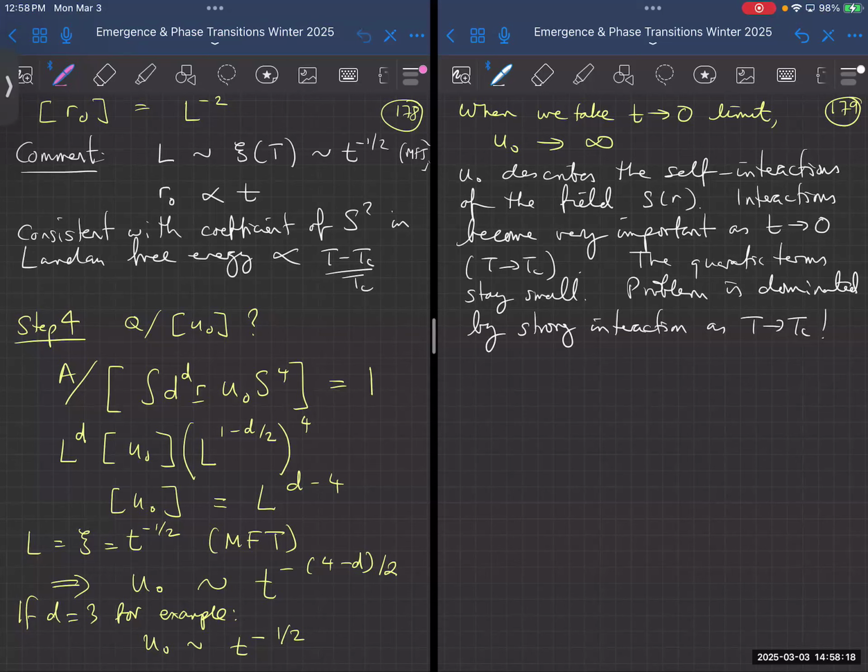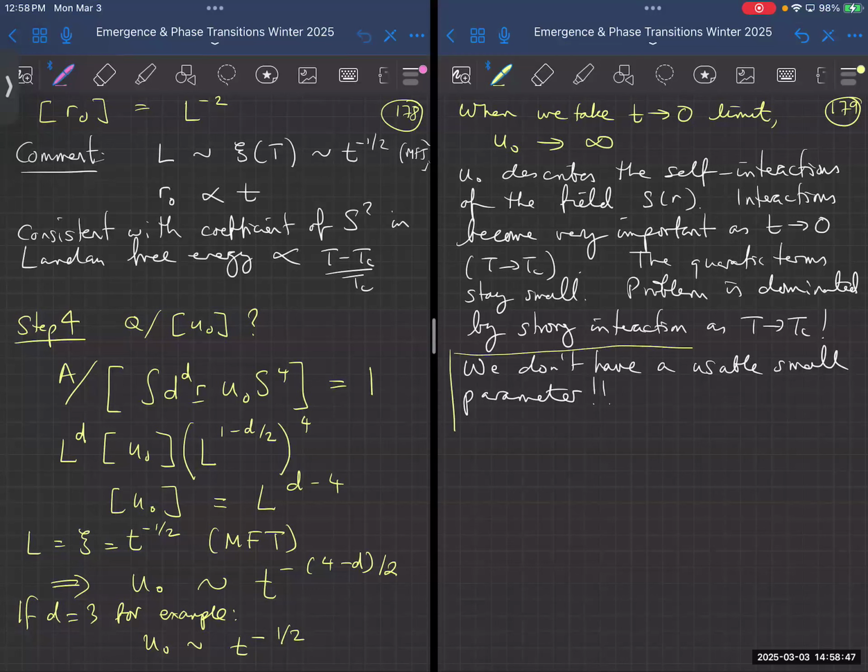And so what that basically means is that we don't have a usable small parameter. And that's the big surprise.